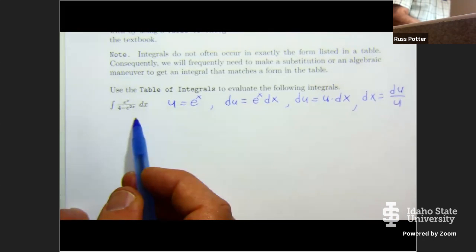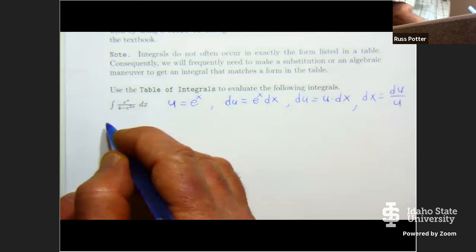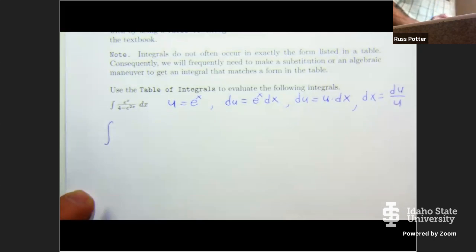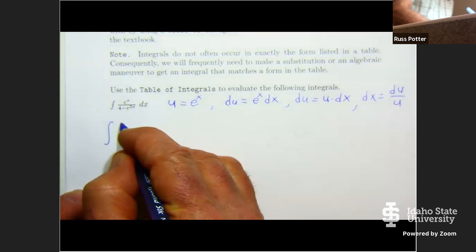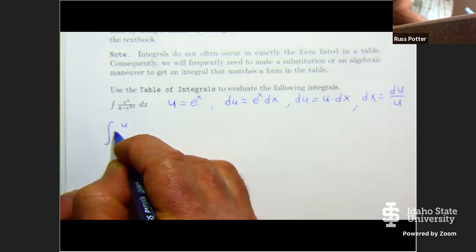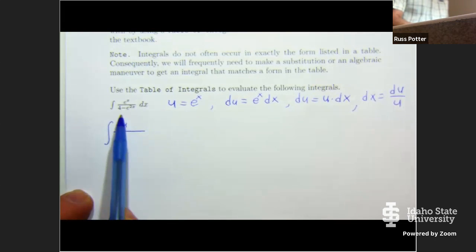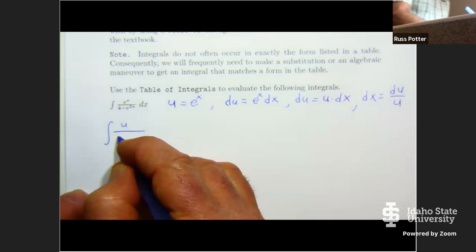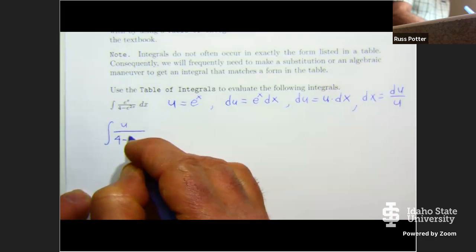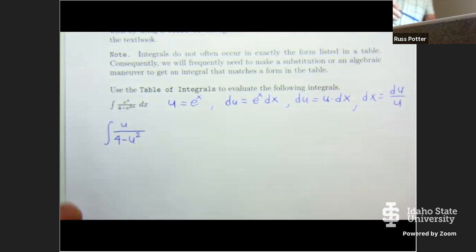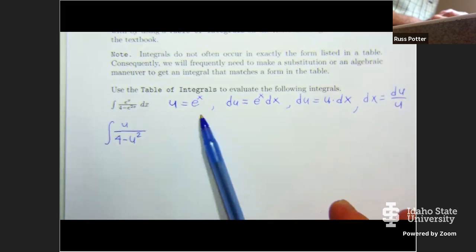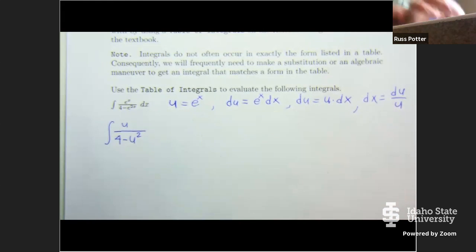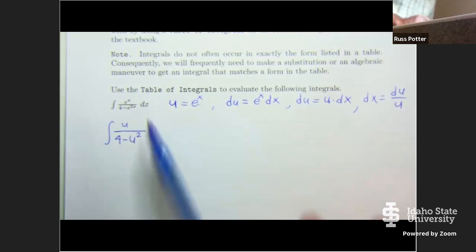Okay, so let's make our substitutions in this integral. In the numerator, we see e to the x, so let's put u there. In the denominator, instead of 4 minus e to the 2x, we write 4 minus u to the second, because if u is equal to e to the x, u to the second is e to the x squared, which is just e to the 2x.